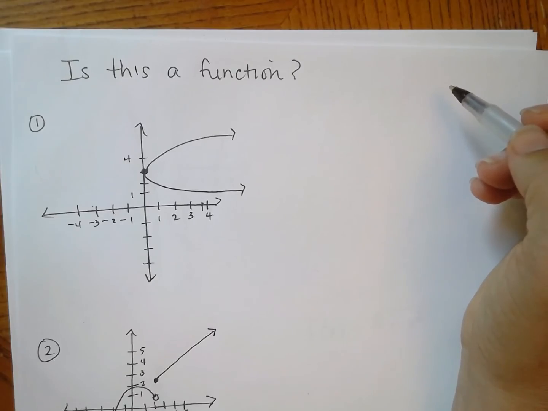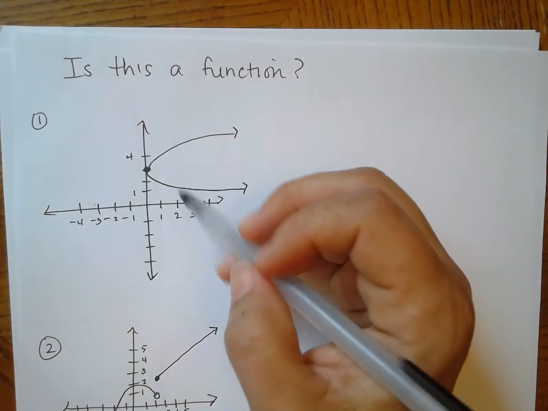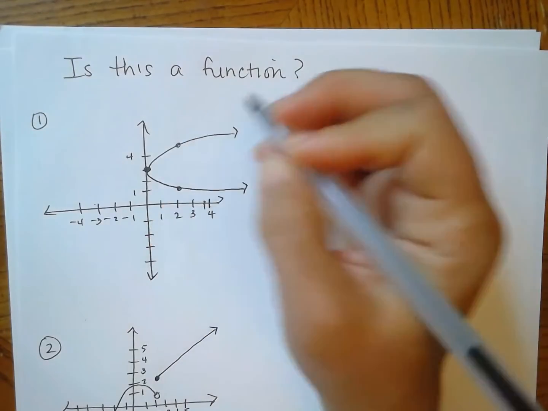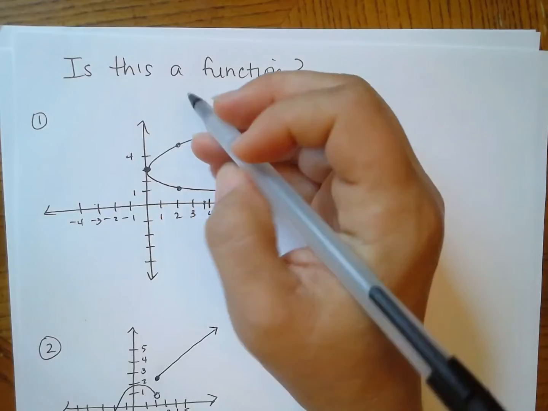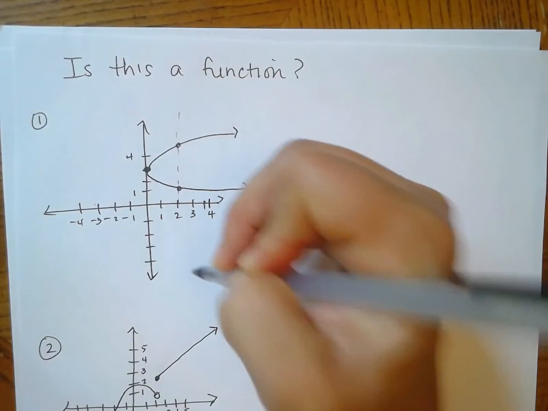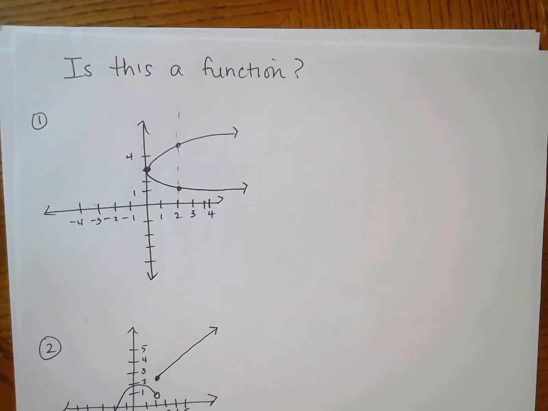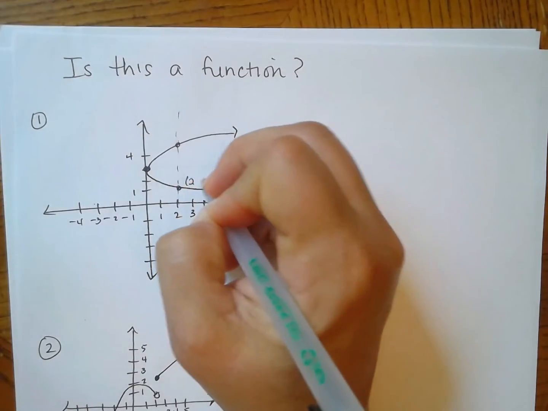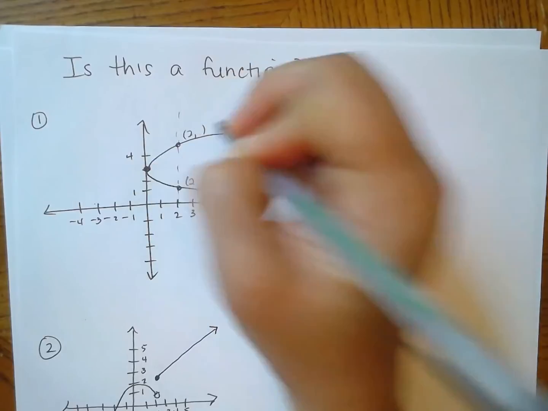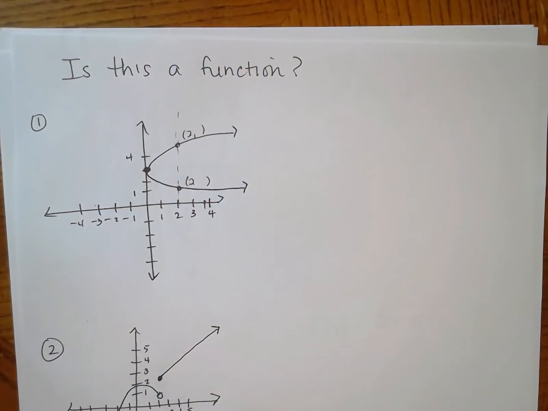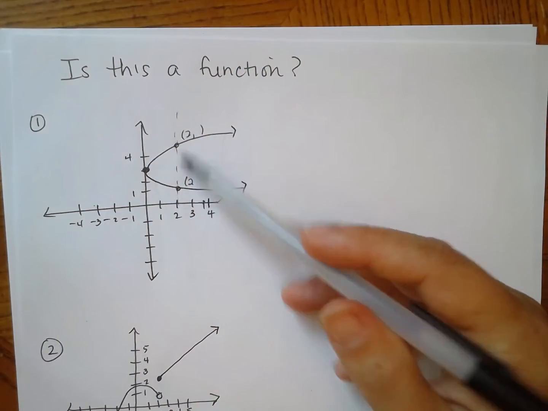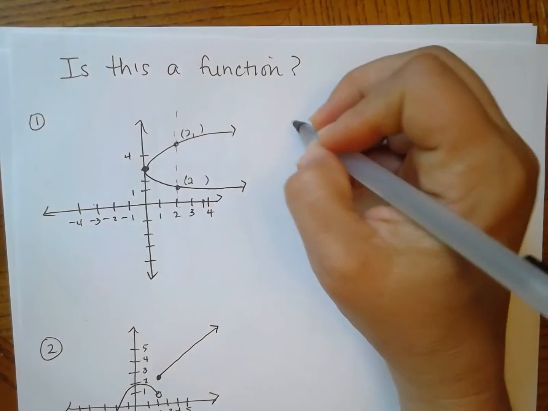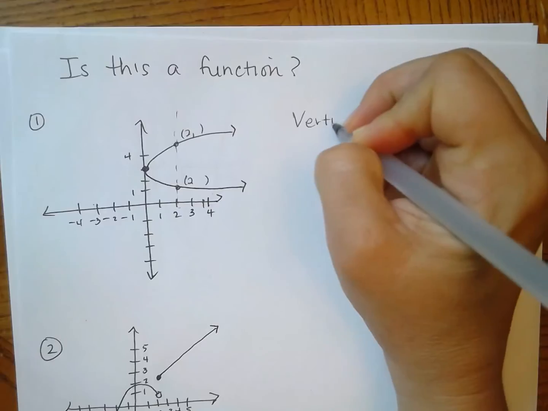And so when that happens, we get something that looks like this, because if I think of this point here and this point here that are lining up on this vertical line at x equals 2, then both of these two points have a 2 as their first coordinate, right, as their x coordinate. So this is an indication that I've got 2 matching up with 2 different elements in the range. I think I've said this before, but we call it the vertical line test.